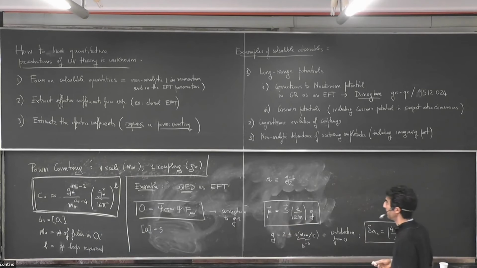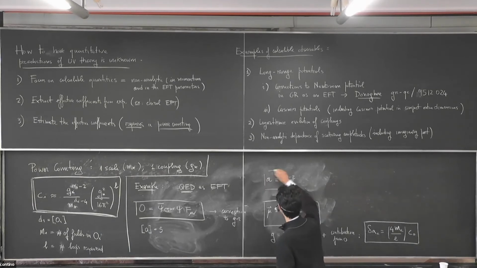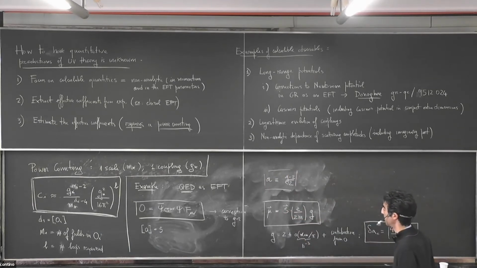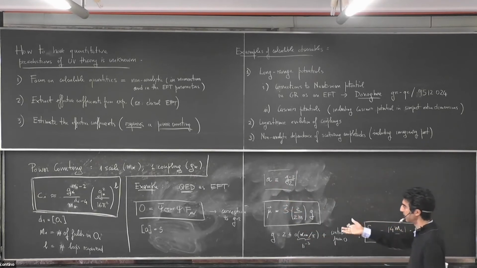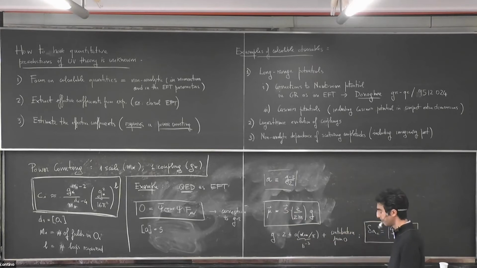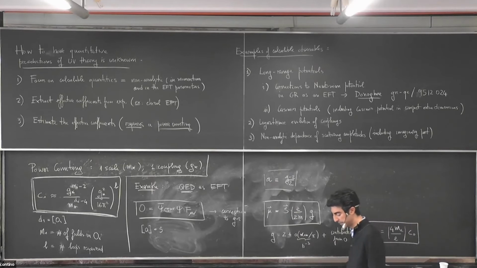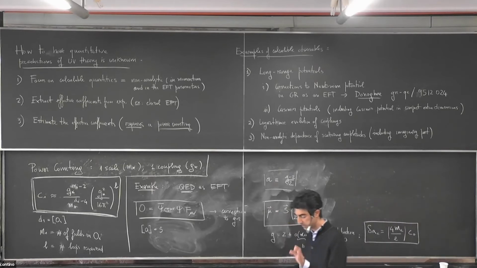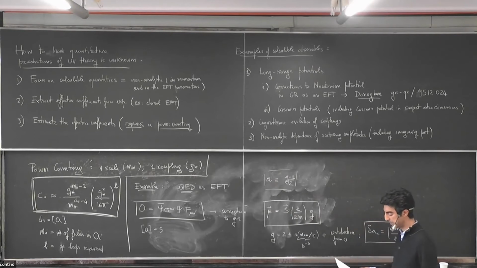Now, the experimental measurement of, for example, A is at the level of 10 to the minus 3, as we said, and has a relative accuracy of 10 to the minus 9. It agrees with the QED theoretical prediction up to terms of order 10 to the minus 10, roughly.